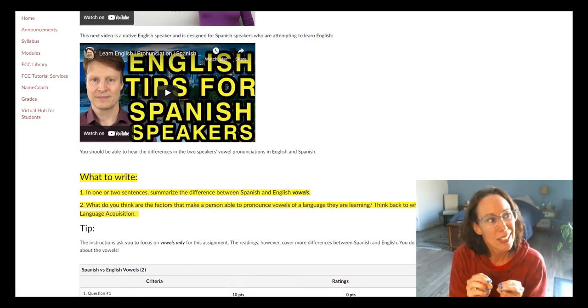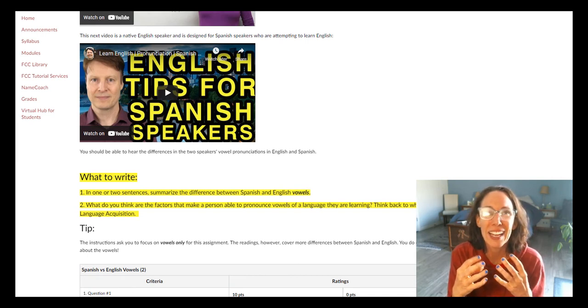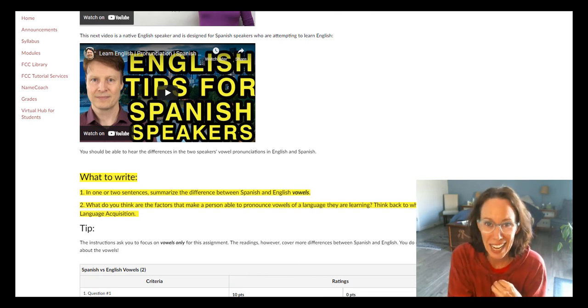It's almost a disadvantage if you know Spanish, because it's hard to recognize this because it's so obvious to you that it's hard to explain it.